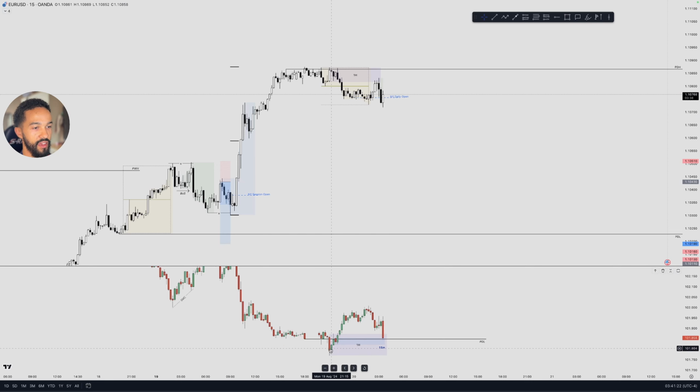Now DXY had evaded its 1 hour POI previously, but now it's well within it, and has also spiked into that 15-minute order block. So if we're going to see price go with my current pullback bias, it may hold here, and then we may see that come into the market, right? So price has swept this low so far and pulled back.